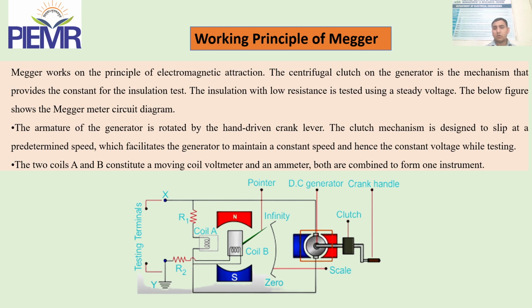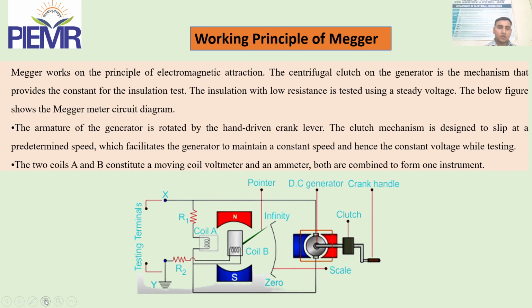If we hold the crank handle and turn it at around 100 to 200 rpm, this DC generator provides some thousand volts across the testing terminals X and Y. If the resistance across these testing terminals is high, its voltage and current are measured by two coils, coil A and coil B.